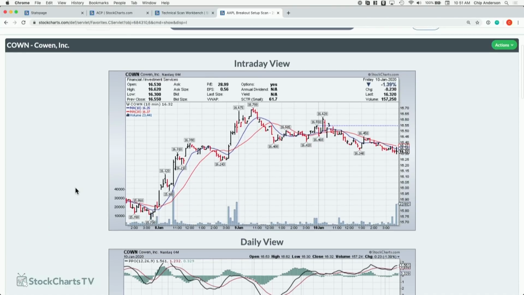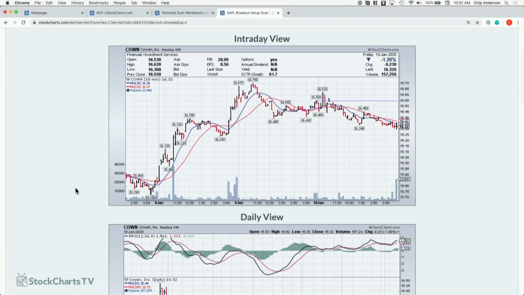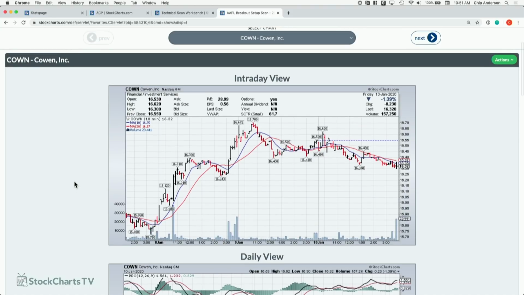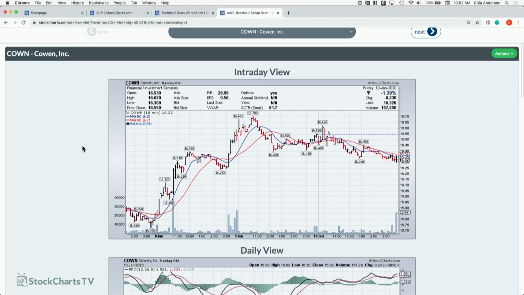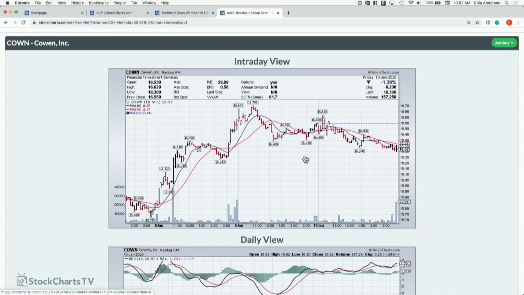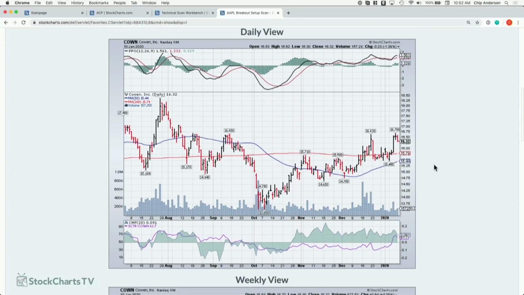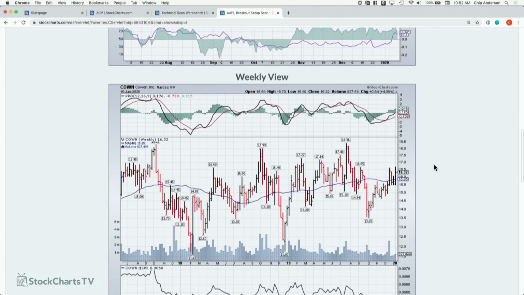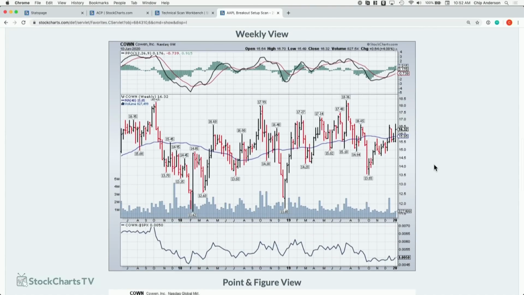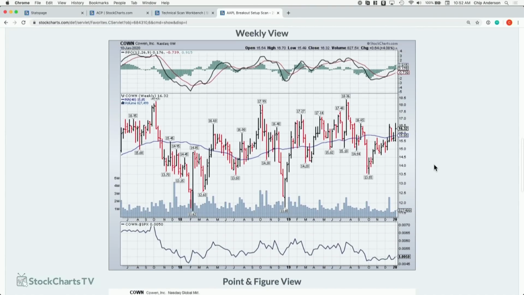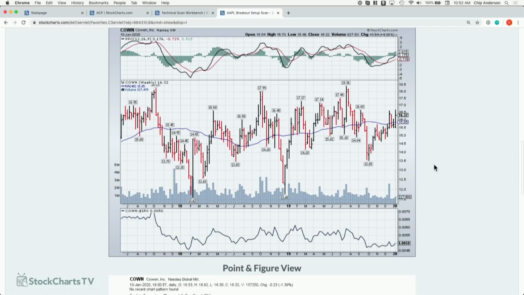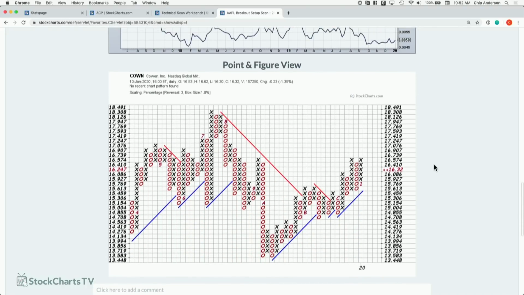In gallery view, which you can customize if you want, you take a ticker symbol, and it is displayed to you in several different time frames. We have an intraday view, a daily view, and a weekly view. Finally, and one of my favorites, which is the subject of a completely different deep dive, we also include a point and figure view, which I think should always be looked at.